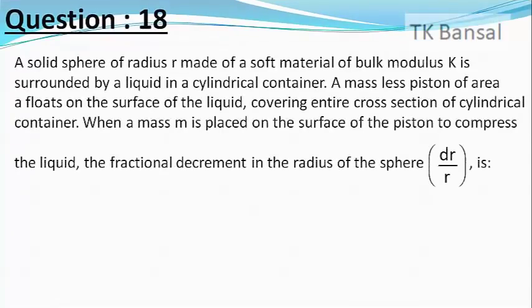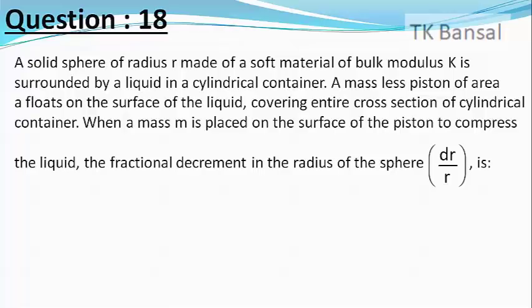Our next question: a solid sphere of radius r made of a soft material of bulk modulus K is surrounded by a liquid in a cylindrical container. A massless piston of area A floats on the surface of the liquid, covering the entire cross-section of the cylindrical container.